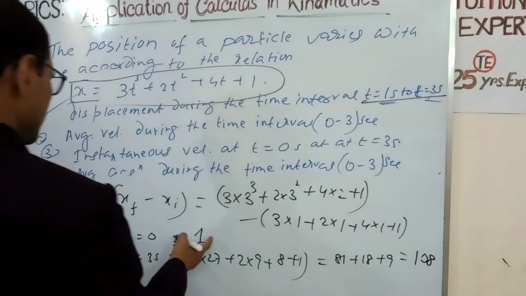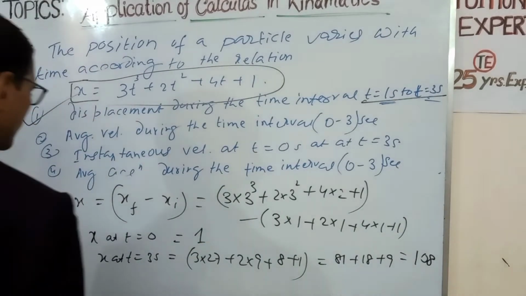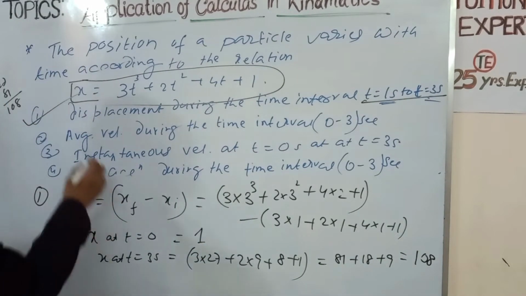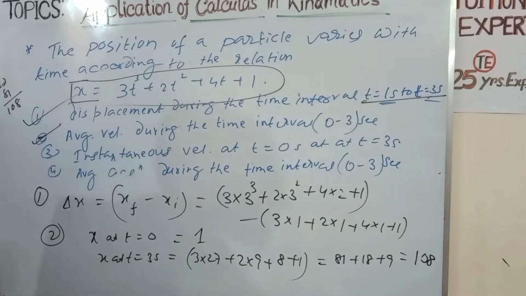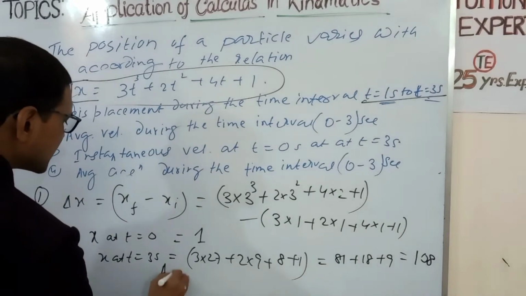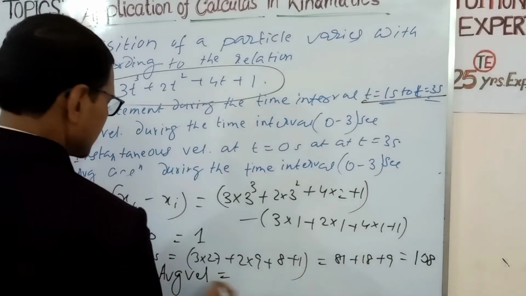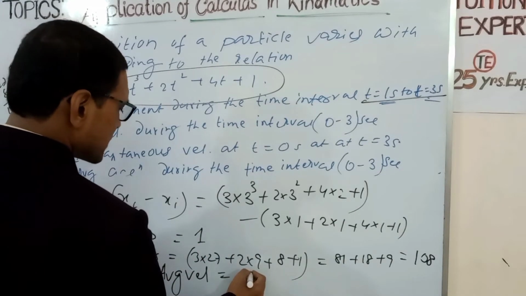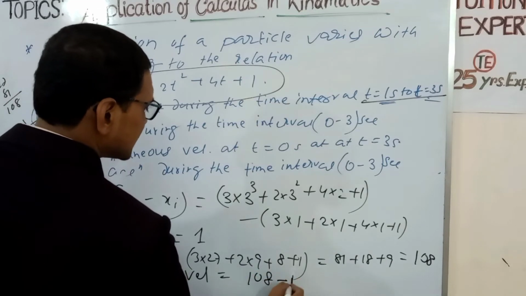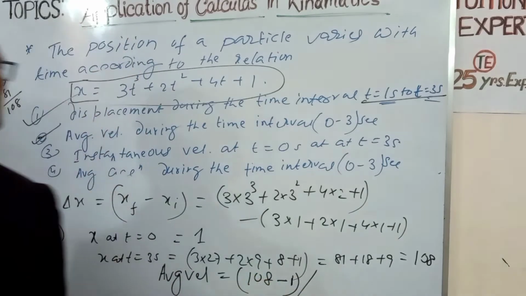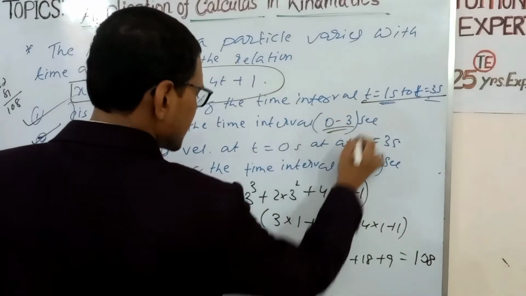So average velocity equals displacement by time, displacement 108 minus 1, in the time interval 0 to 3 second, which means 3.